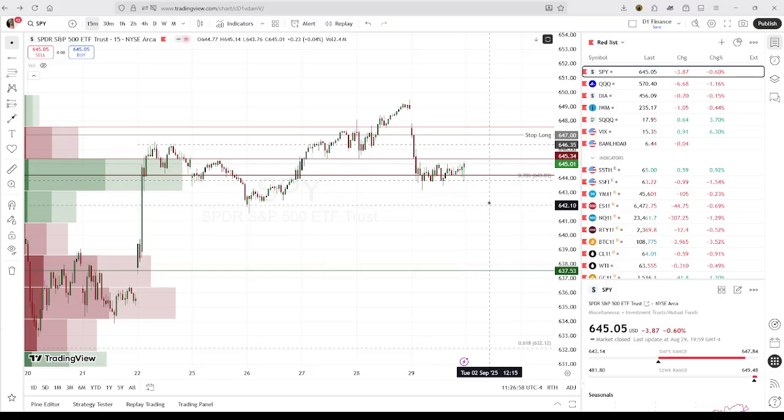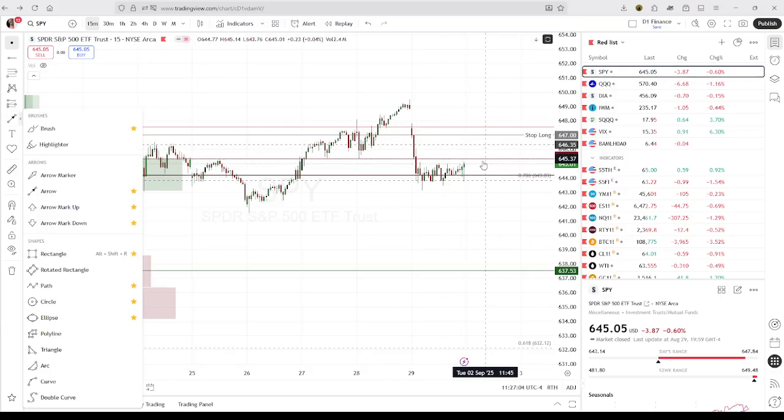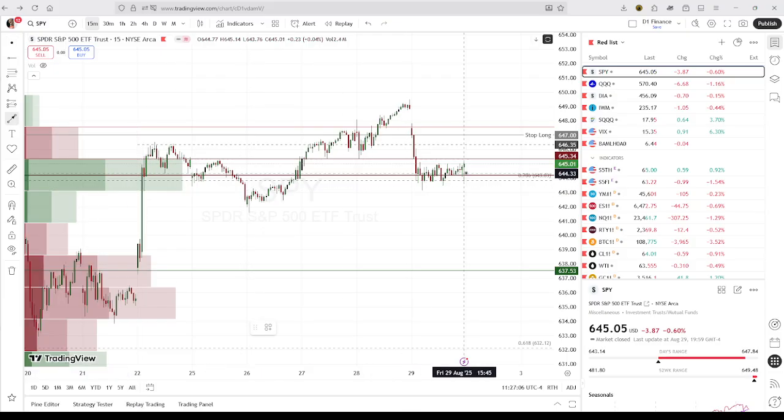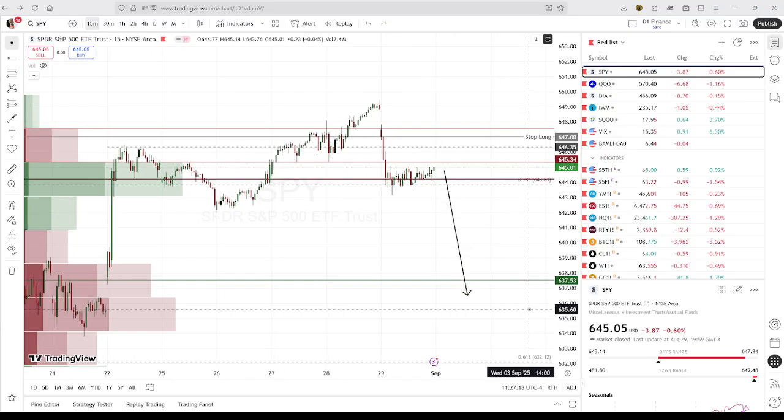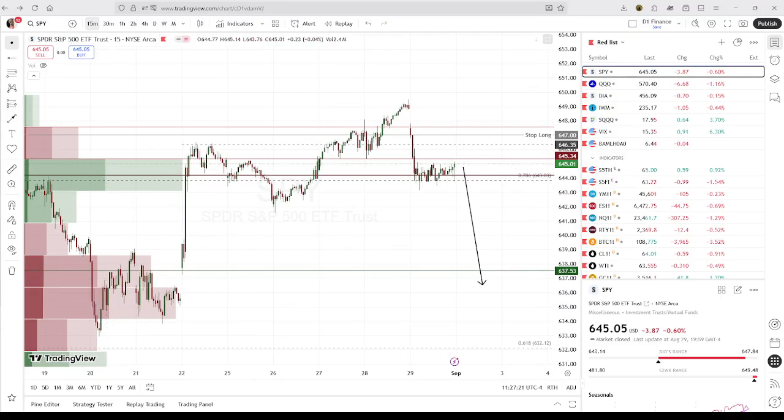So if next week we open and start to approach the chandelier, and boom, we close below this next week, then it's open season for short opportunities. Right now, I'm looking for short opportunities. I'm looking for maybe a retracement and a drop back below it, so on and so forth.